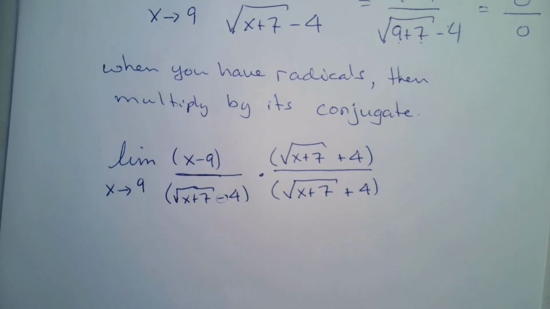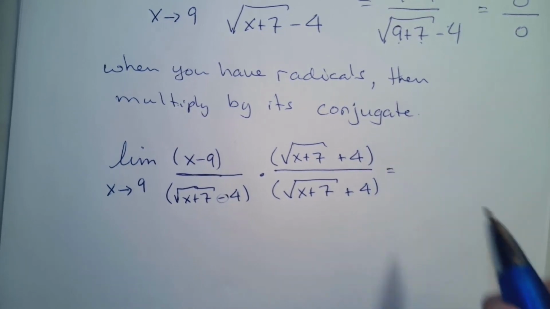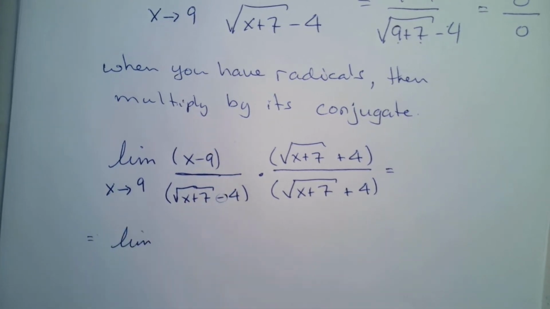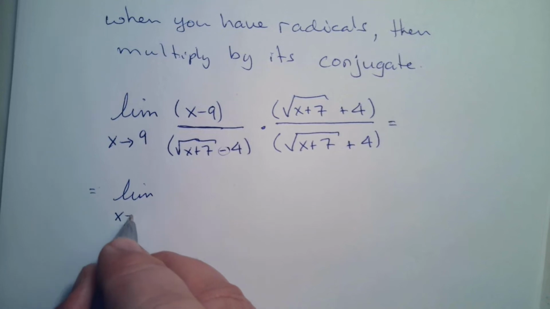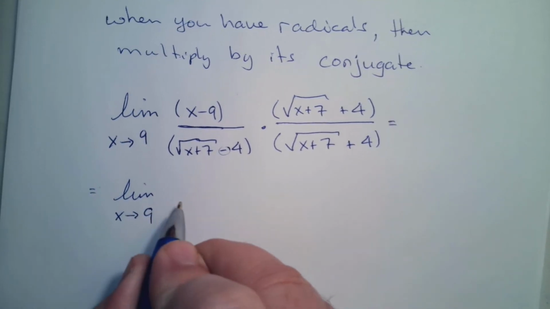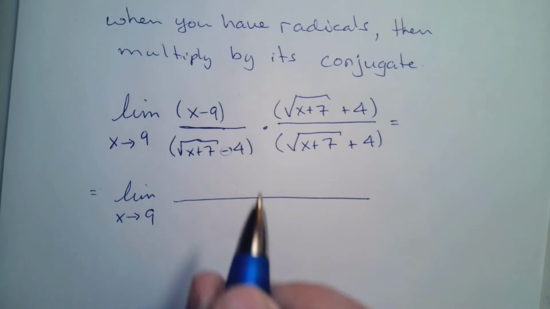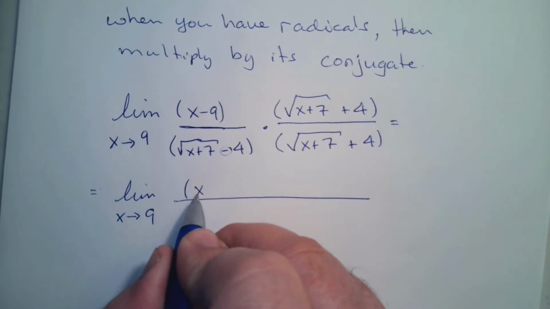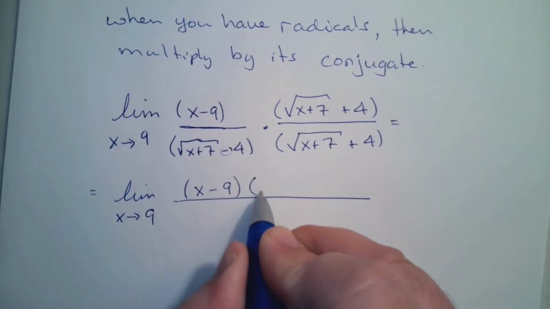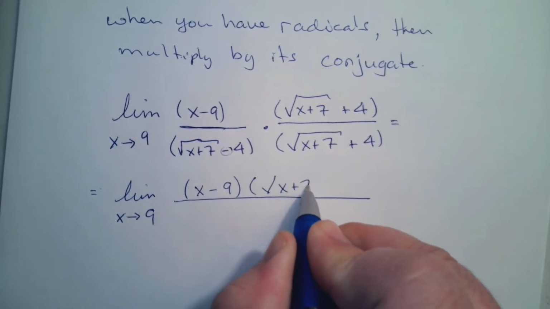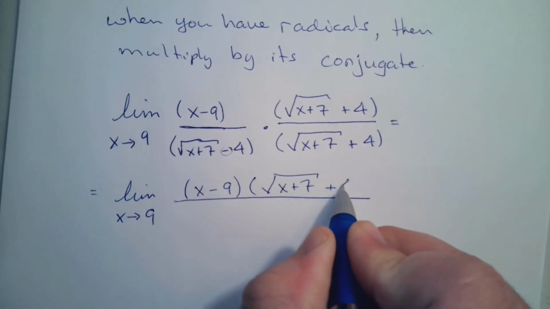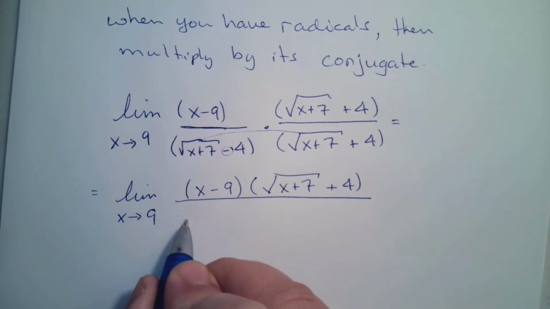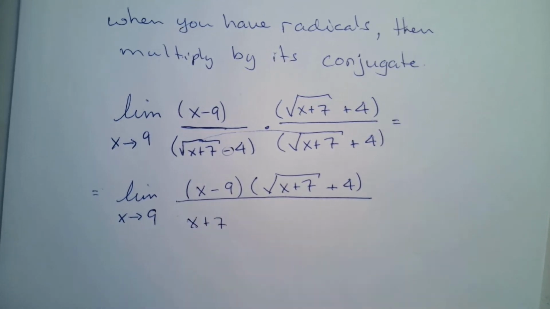Alright, so let's see what happens here. Let's leave the top alone for right now. Radical x plus 7 times radical x plus 7 is x plus 7.